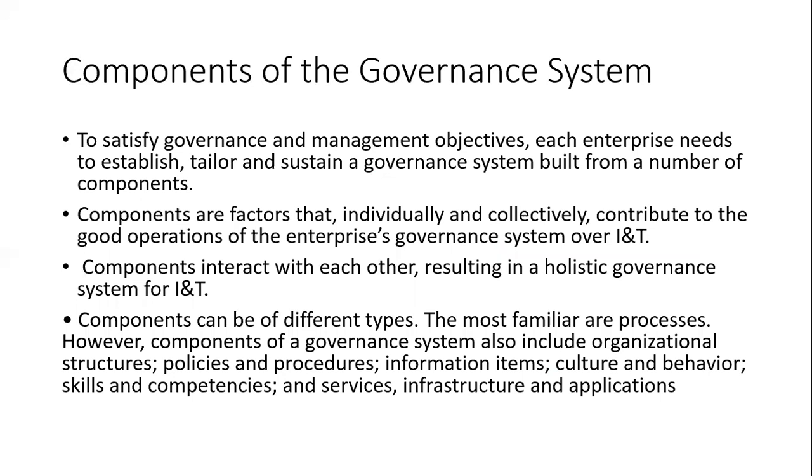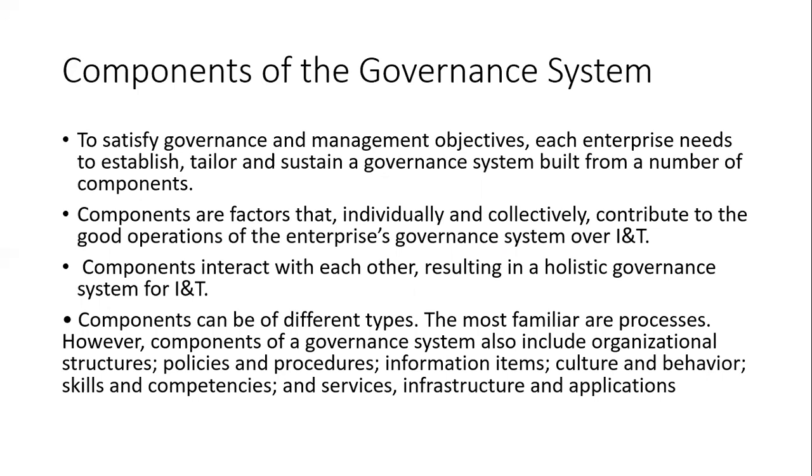So when we have looked at the design factors, and through the design factors and the focus areas, we have been able to determine the governance and management objectives that are relevant for our particular organization. They will have to use the components of the governance system to implement COBIT for those objectives.